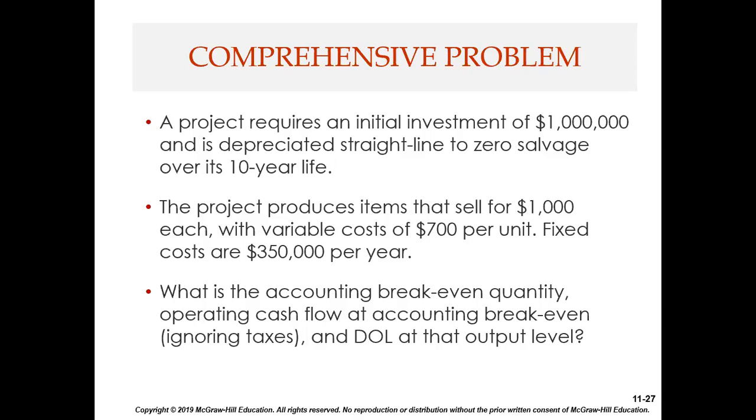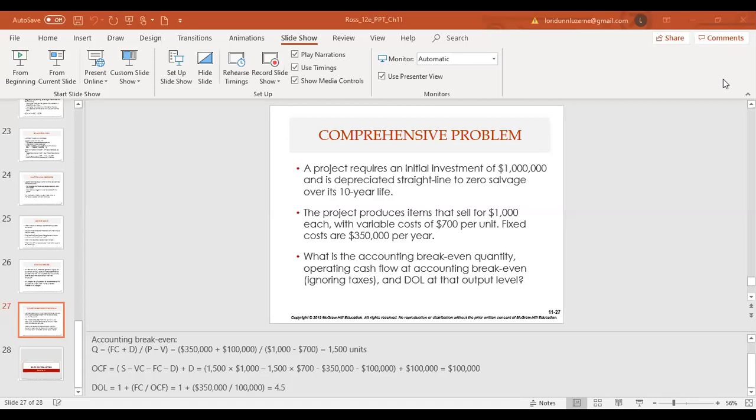What is the accounting break-even quantity, operating cash flow at accounting break-even, and the degree of operating leverage at that output level?